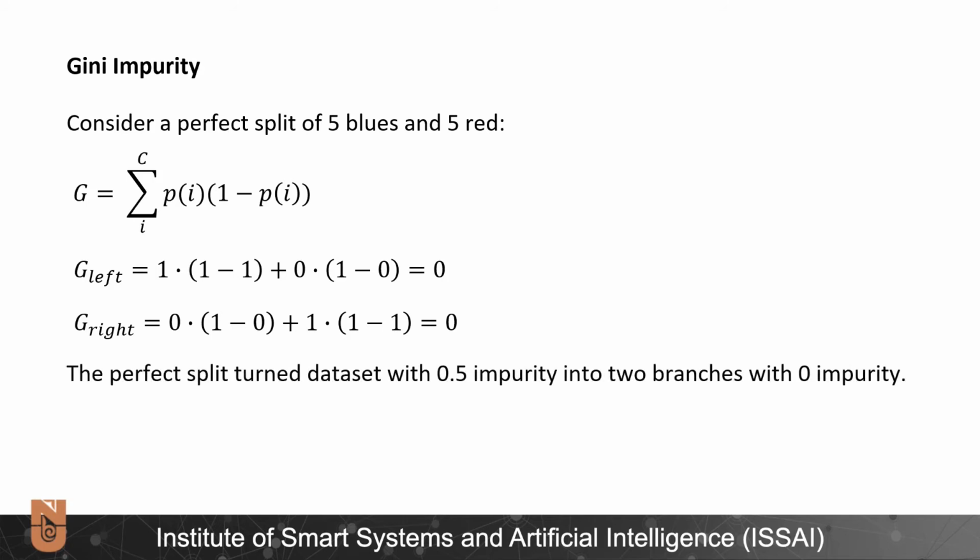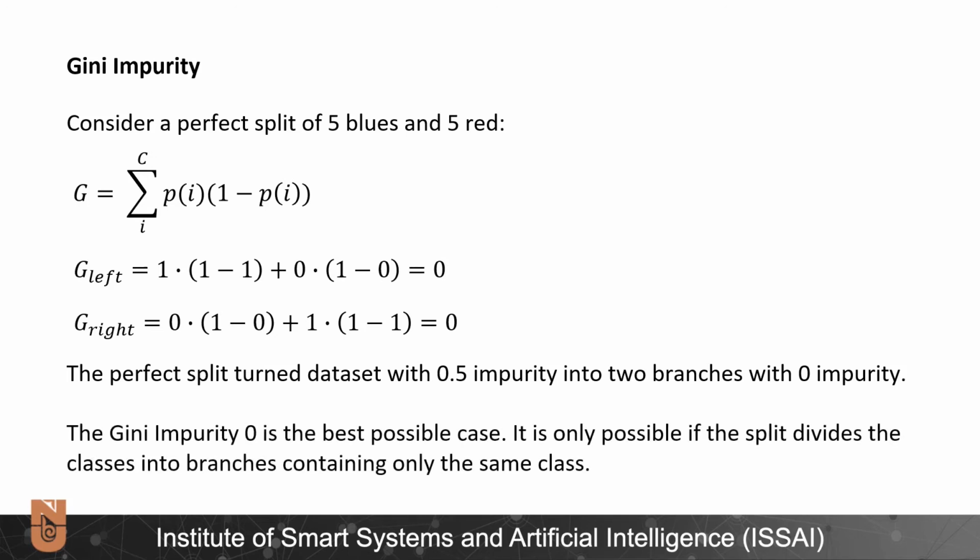The perfect split turned a dataset with 0.5 impurity into 2 branches with 0 impurity. The Gini impurity of 0 is the best possible case. It is only possible if the split divides the classes into branches containing only the same class.